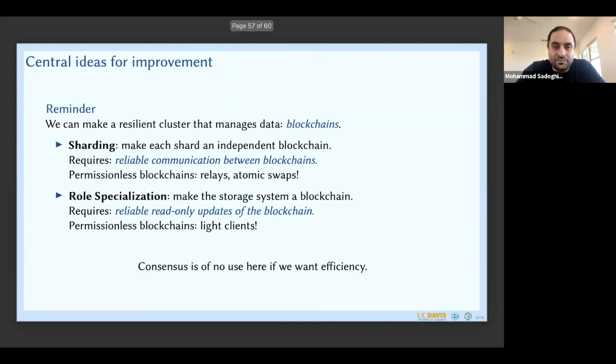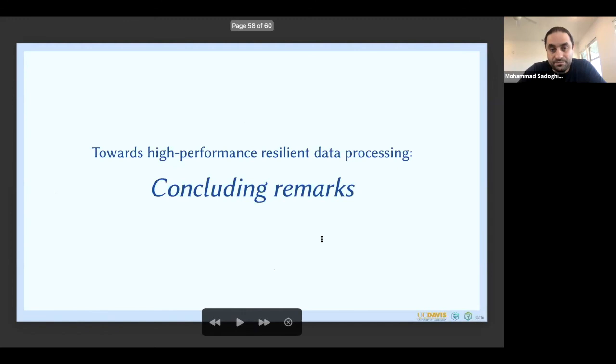So sharding or geoscale consensus, and role specialization. We also look at information coding in this space: how can you use information theory to reduce the amount of data that needs to be propagated in order to support analytics? That's a very interesting direction as well.